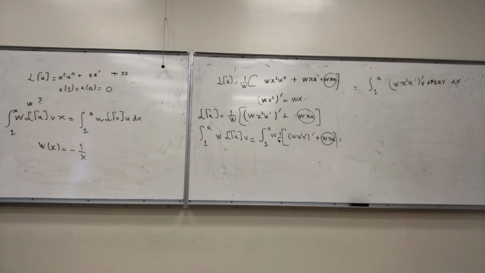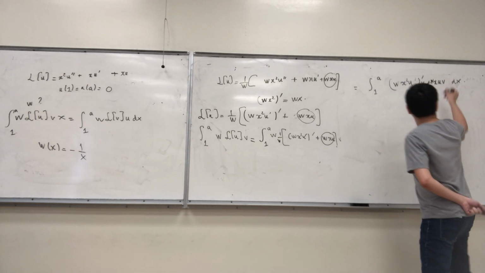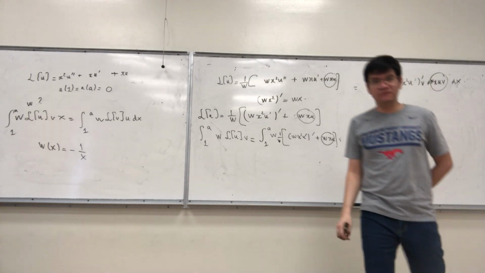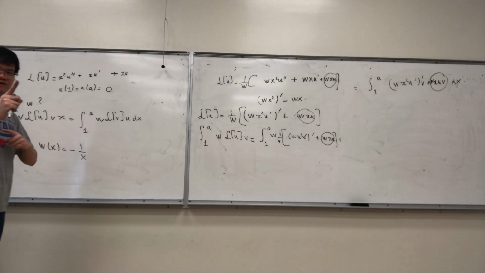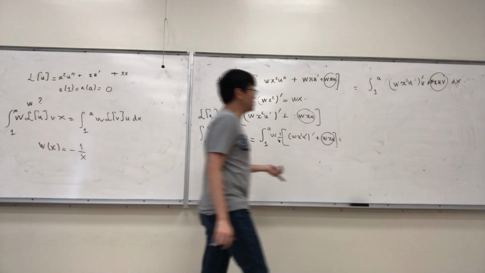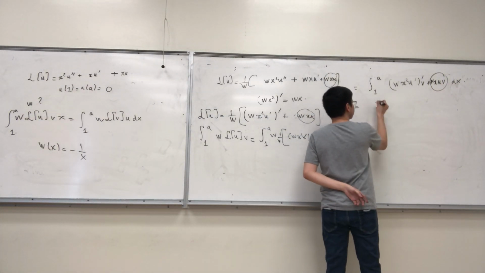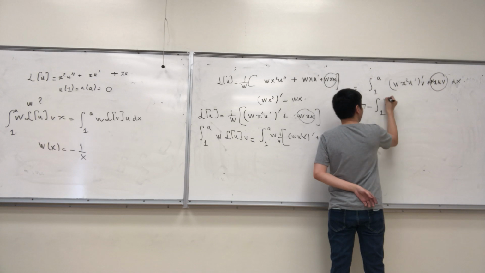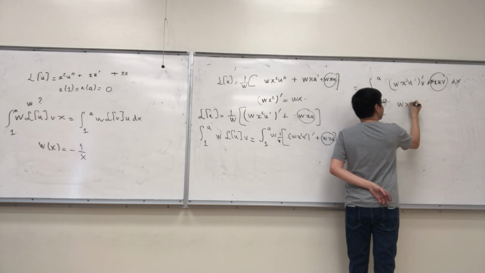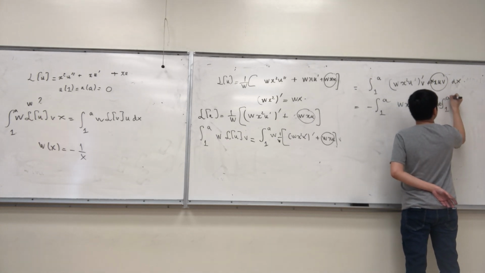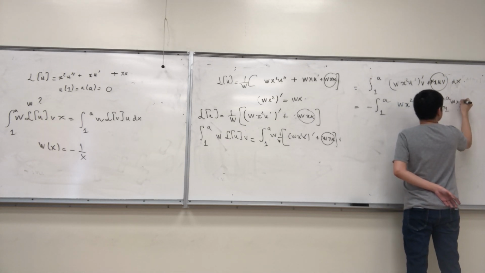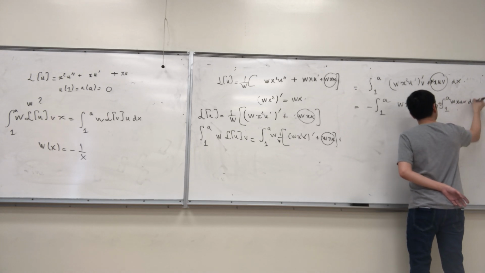I'm going to do the same thing, except that in this case you have this term, which is there. In the previous proof, what we did was integration by parts. So the first term will give me minus the integral from 1 to a of w x squared u' v' dx, plus the integral from 1 to a of w x u v dx.